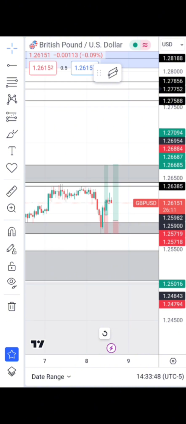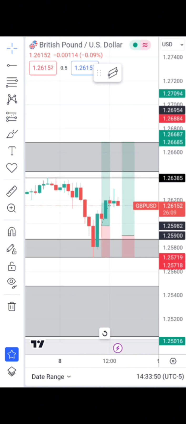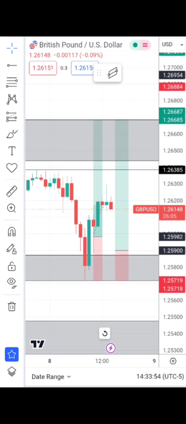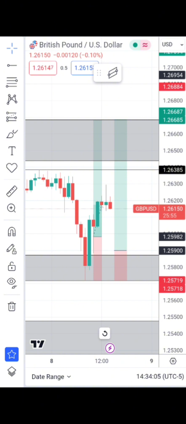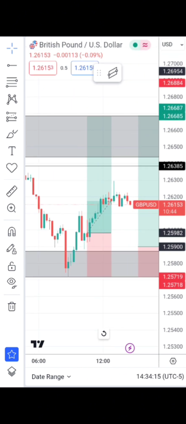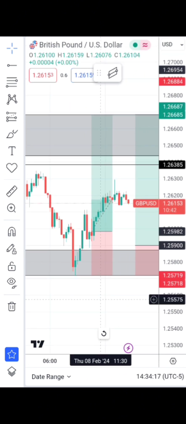I tried to capitalize on this upward movement on GBPUSD. So my first target is the 1.26687 area, and my entries were based on a few factors, including a 15-minute market structure shift that happened around this time.